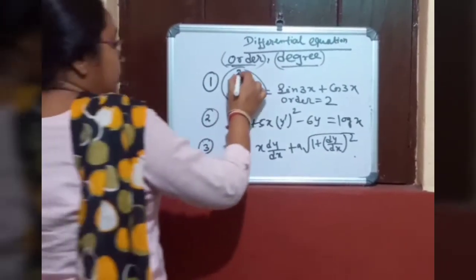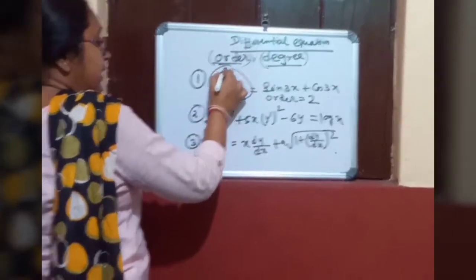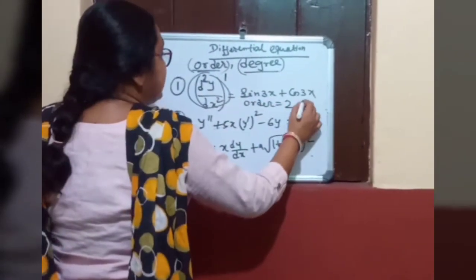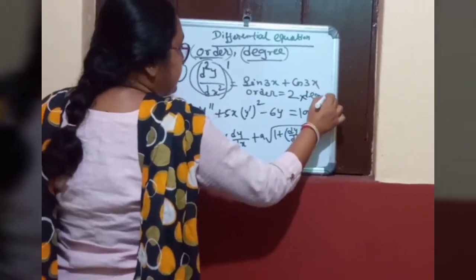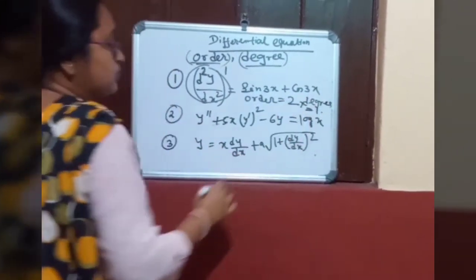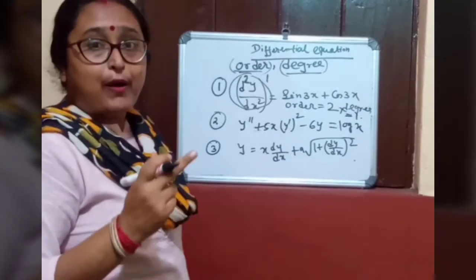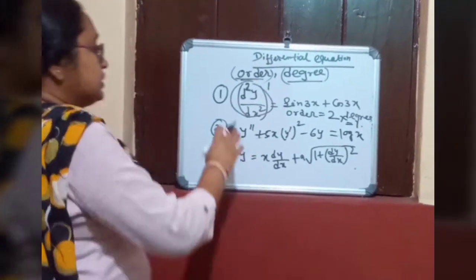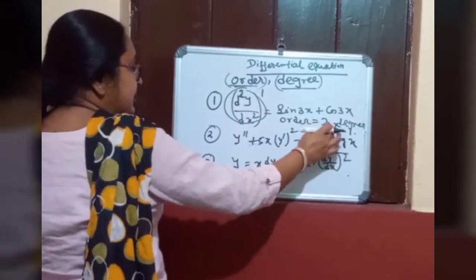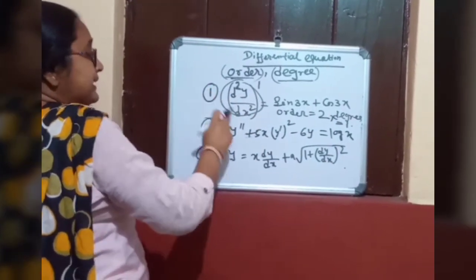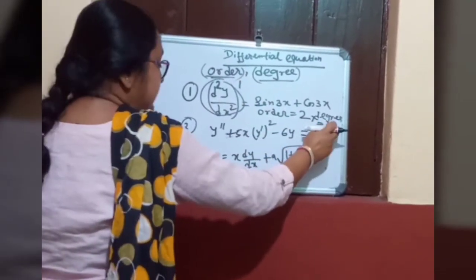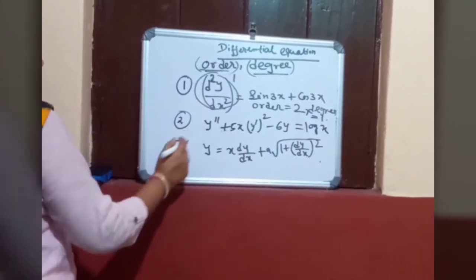The power of d2y/dx² is 1, that's why the degree is 1. The highest order's power is called the degree.